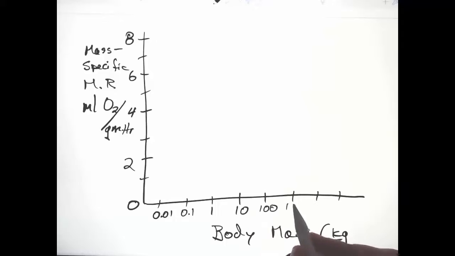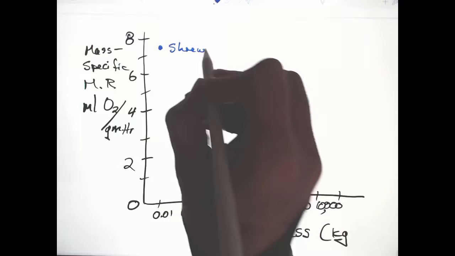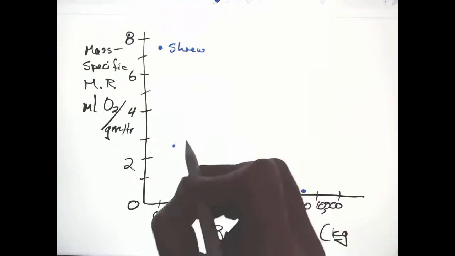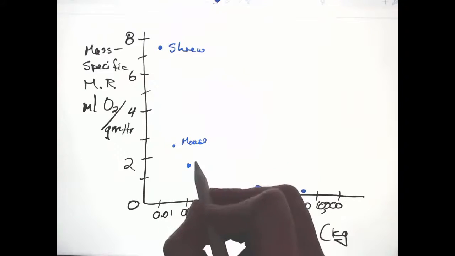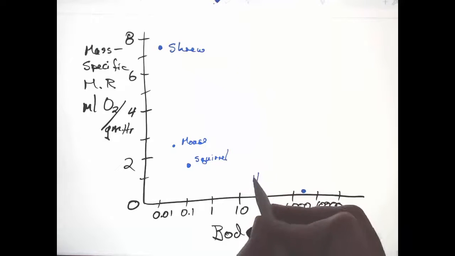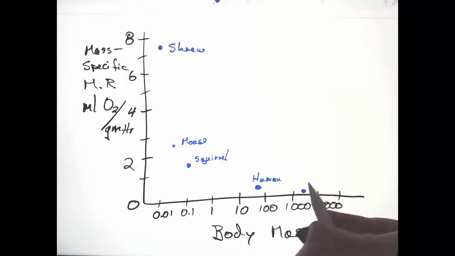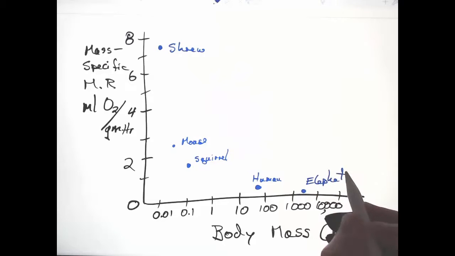If we do this on a mass-specific metabolic rate per gram of tissue, we see a very different relationship. A shrew at a little under 10 grams is above 7 milliliters of oxygen per gram per hour. A mouse at around 20 grams is here, a squirrel at somewhere around 100 grams, a human a little under 100 kilograms, and an elephant somewhere above 1,000 kilograms.